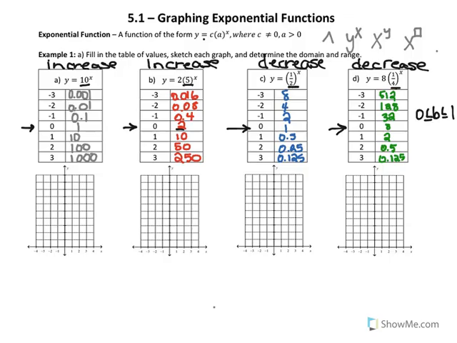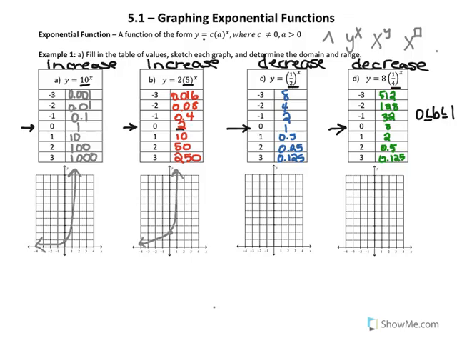To graph these, we could plot the points, but really all I need to see is the y-intercept, and then if it's increasing or decreasing. So for the first one, it would look like this. The second one has a y-intercept at 2, and it is increasing. So it looks like this.